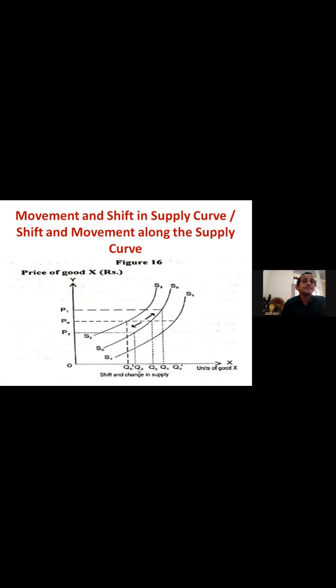Another interesting thing: here you can see an upward movement arrow and a downward movement arrow. This is basically the movement in the supply curve, and this is basically the shift in the supply curve.